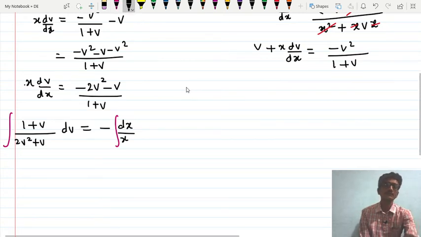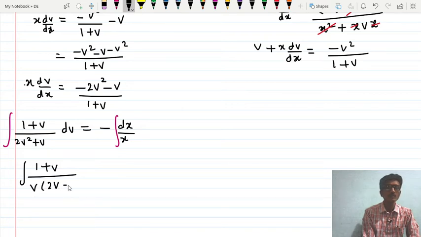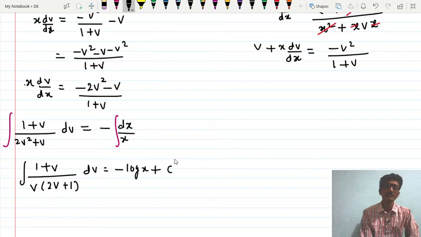Integral of 1 plus v upon v into 2v plus 1 dv is equal to minus integral dx upon x, which is log of x plus, here we can write, c dash.